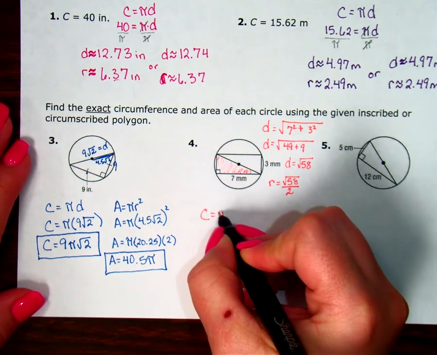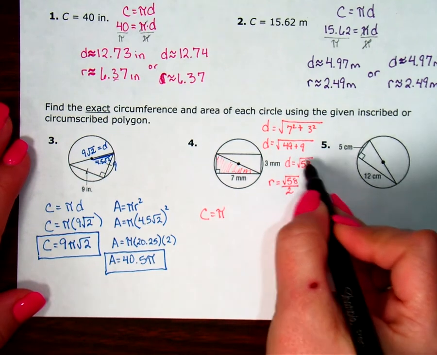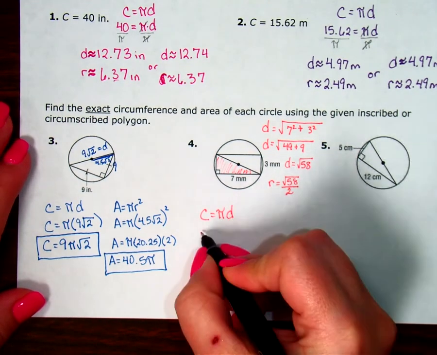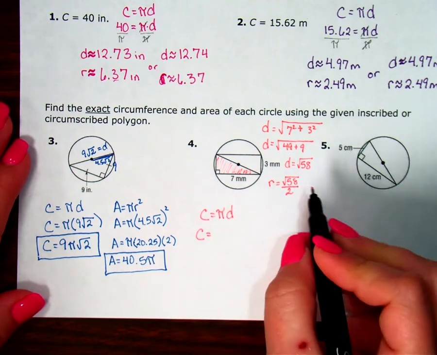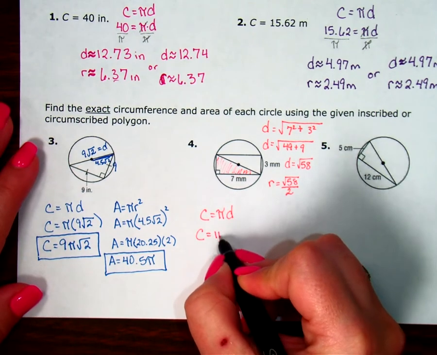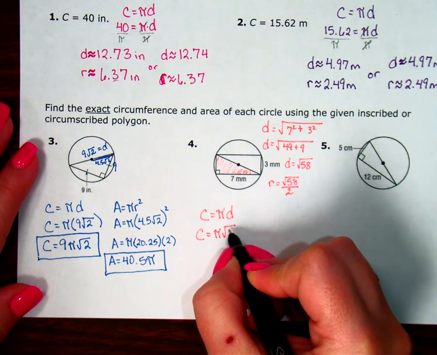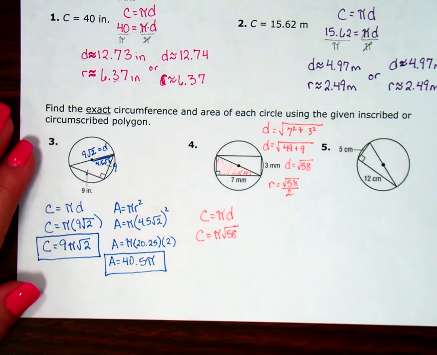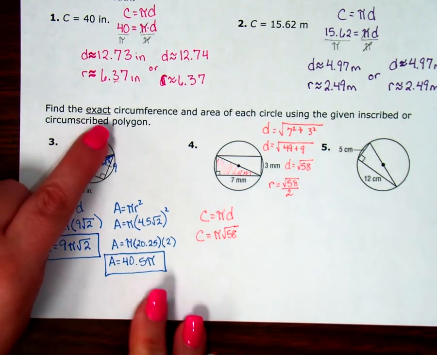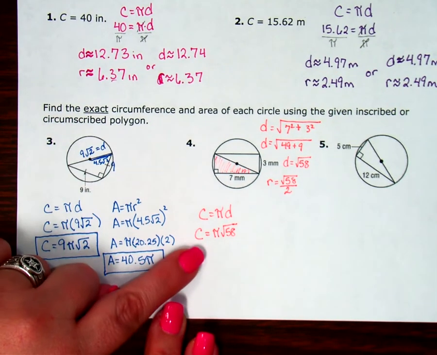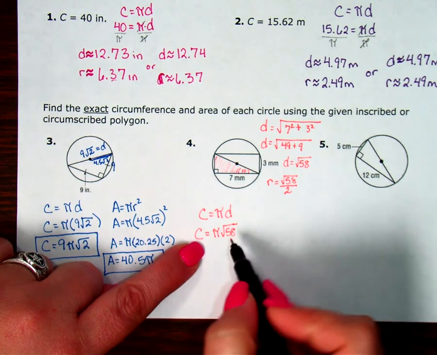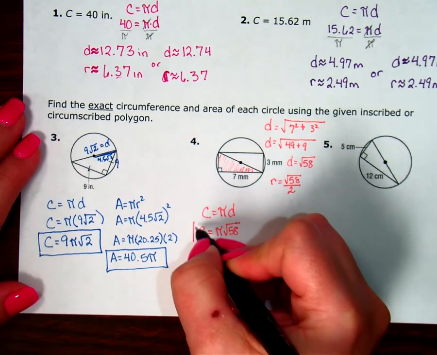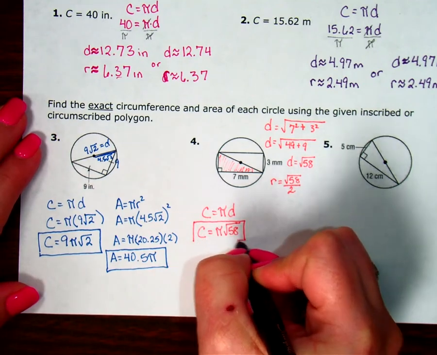I know my radius too, but my diameter is prettier to look at, so my circumference is pi times the square root of 58. If I put this in the calculator, I'm going to get a decimal, and since it wants exact, I'm going to leave it exactly like this. Square roots always go on the end, so the pi will stay in front. I don't have to do any more work on that.